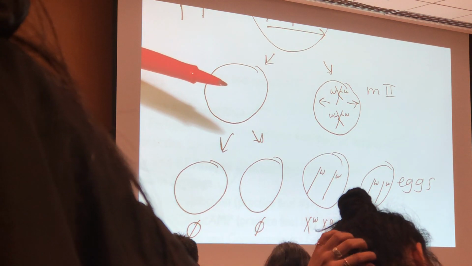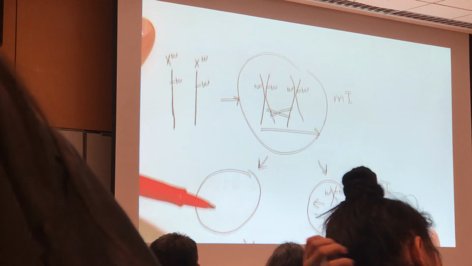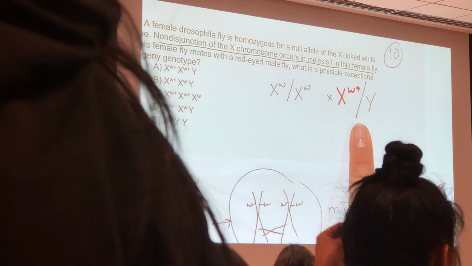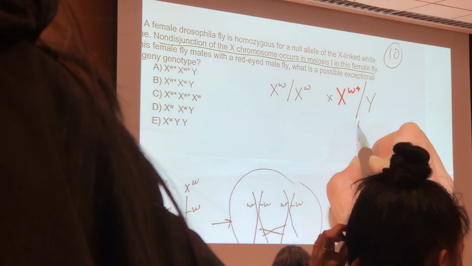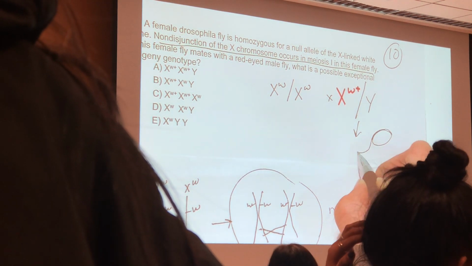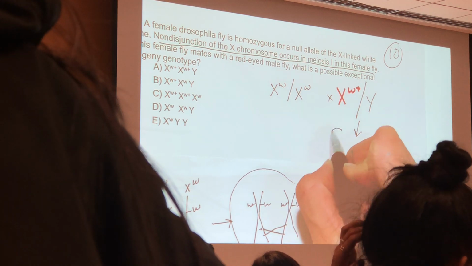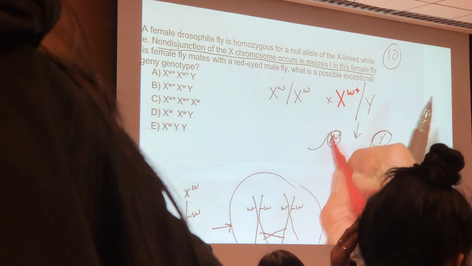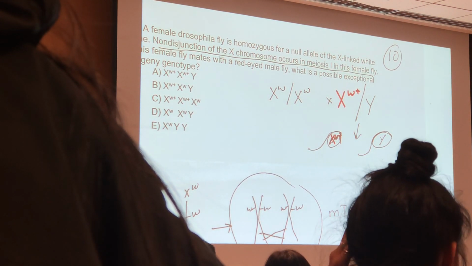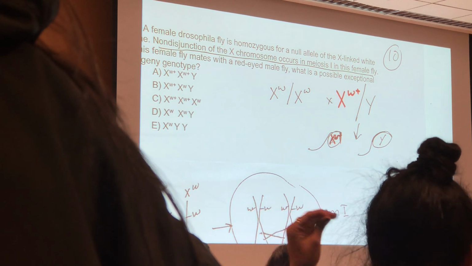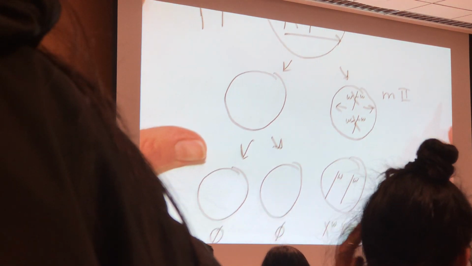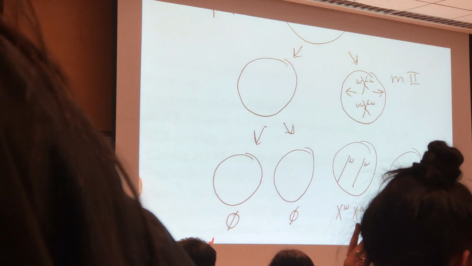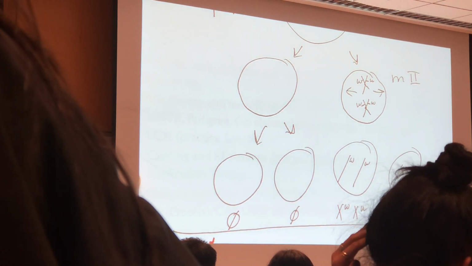These eggs will be fertilized by gametes from this fly. This fly will either produce sperm with a Y chromosome, or sperm with an X^W+. Okay. Fair enough? And so we can add an X^W+, or we can add a Y. These are from the sperm.